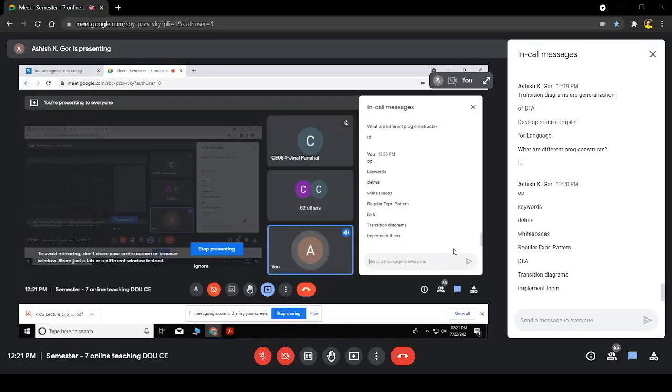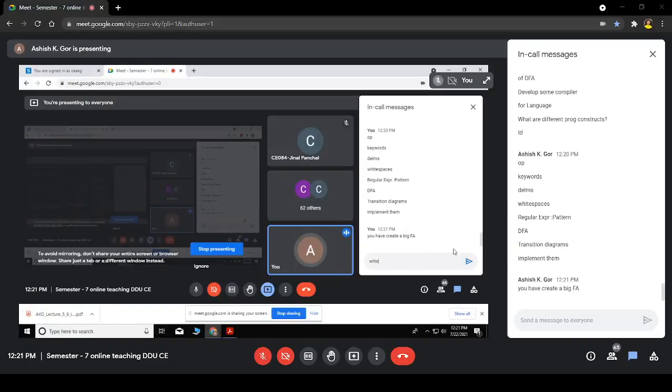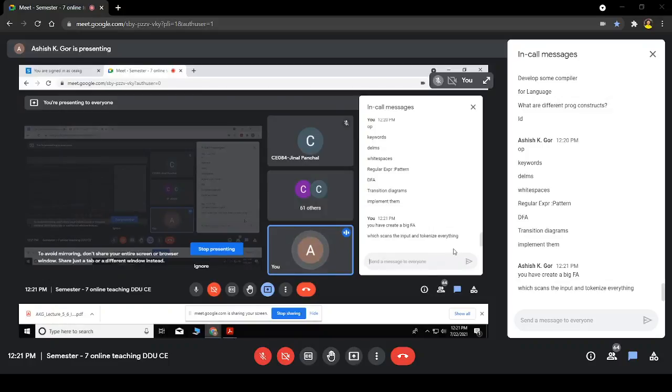Remember, the difficulty is there are so many things like operator, keyword, delimiter, white space, identifier, numbers. So you have to combine this. You have to create a big transition diagram or big finite automata, which scans the input and tokenizes everything properly without any mistake. Joining these different things together is a little bit time consuming and too tedious also.